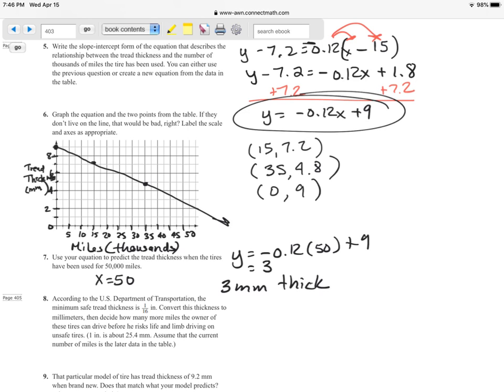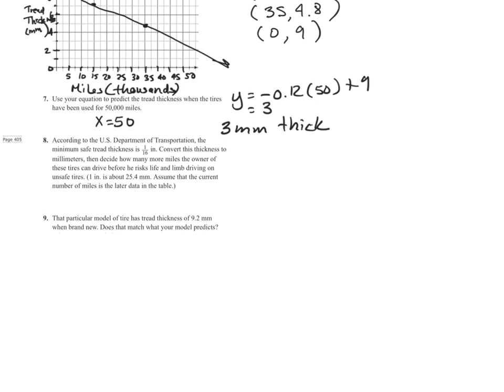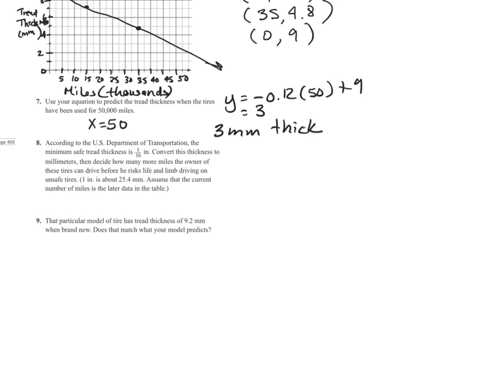All right, number 8 says, according to the U.S. Department of Transportation, the minimum safe tread thickness is 1/16 of an inch. Convert this thickness to millimeters. Okay, so we are going to need to go back to the chart. I want to say it's page 192.